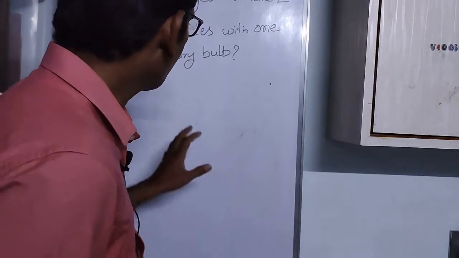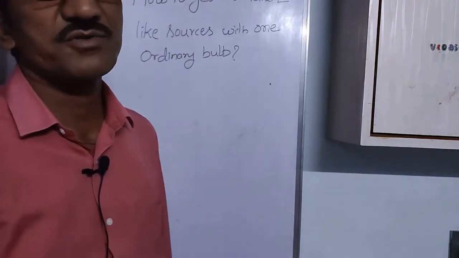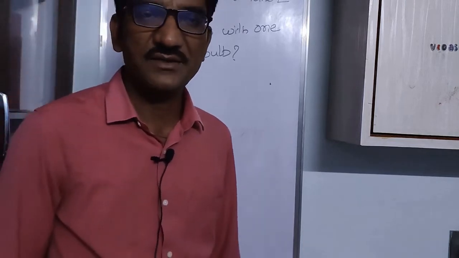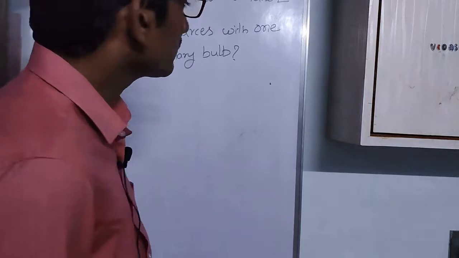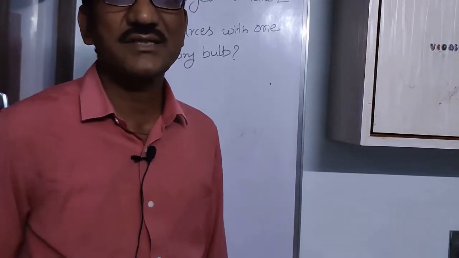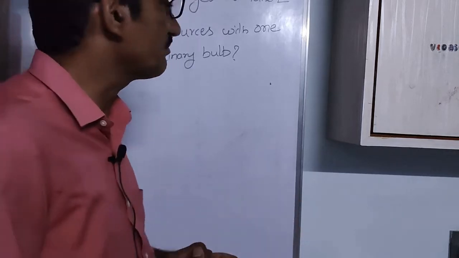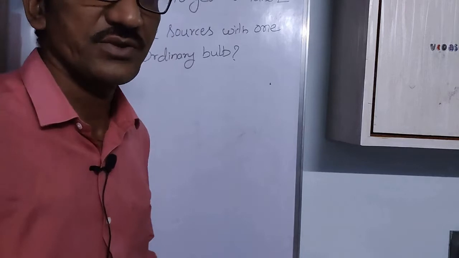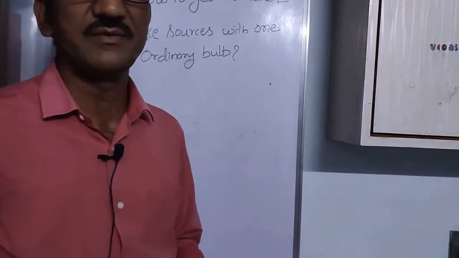This is basically about the nature of light proposed by two great scientists, Newton and Huygens. We have to know all these things in order to get two laser-like sources from one ordinary bulb, one ordinary source with a tungsten filament, or whatever it may be.